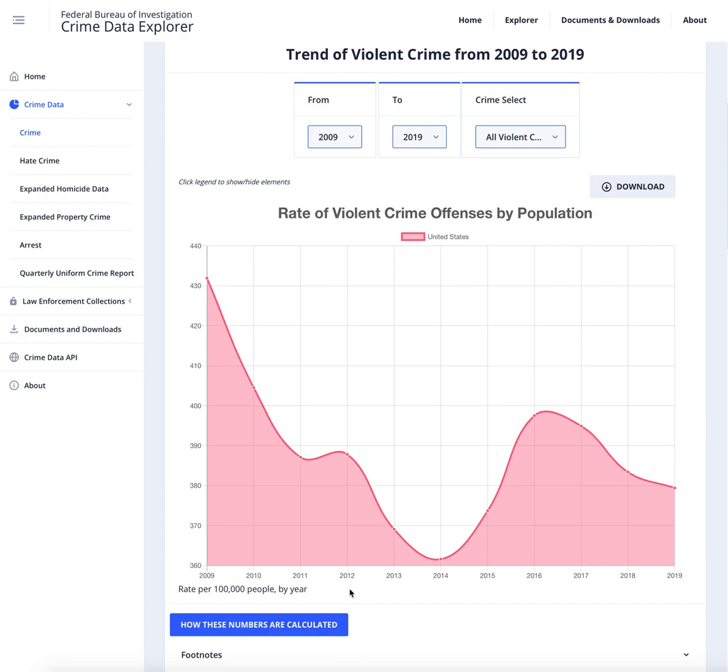The bottom axis is the year. From 2009 to 2010 there's a drop, and then it drops again, then goes up slightly but basically stays the same, then a drop, and another drop. Then we've got two years, 2015 to 2016, that are increasing, and then it comes back down.